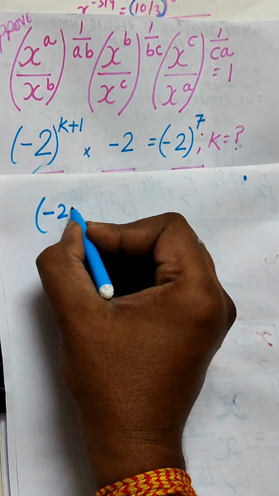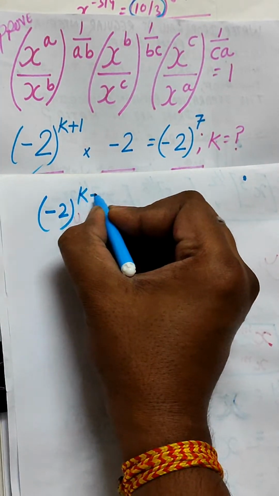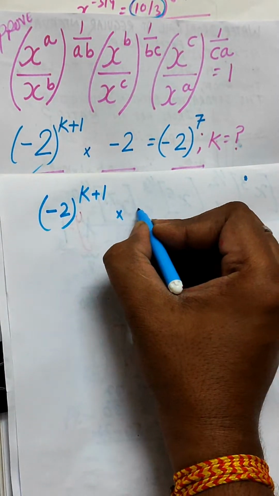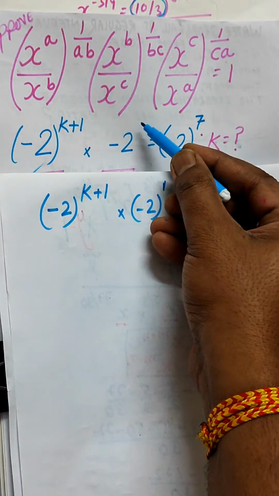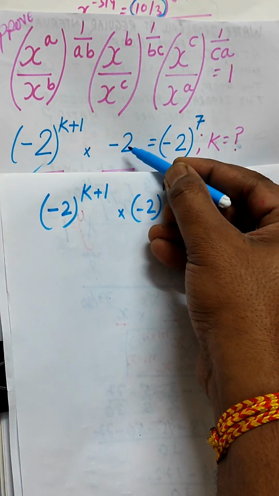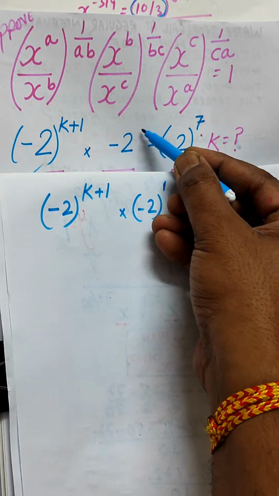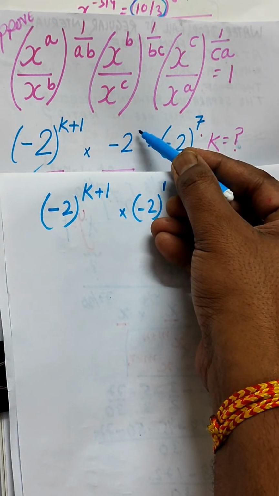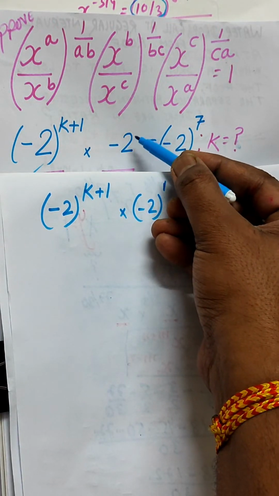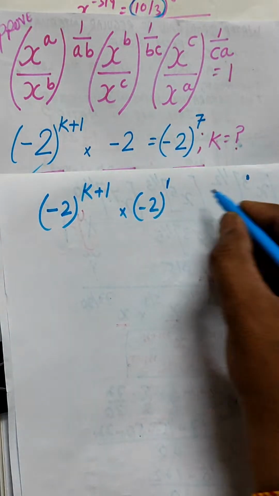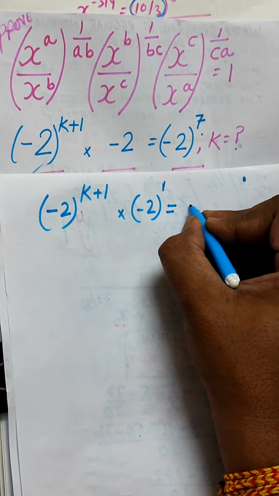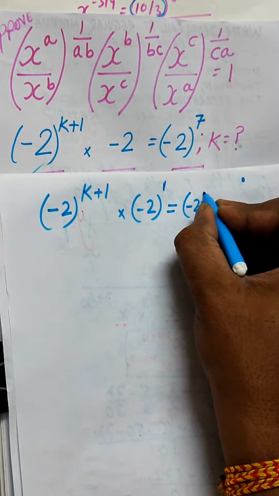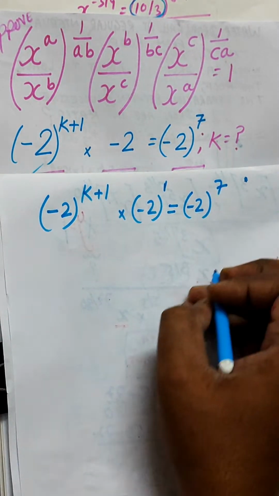So this expression can be written as minus 2 power k plus 1 into minus 2 power 1, right? Because if the exponent of minus 2 is not mentioned, it's power 1, okay? This is applicable to any number or any base. And in the RHS we have minus 2 power 7, right?